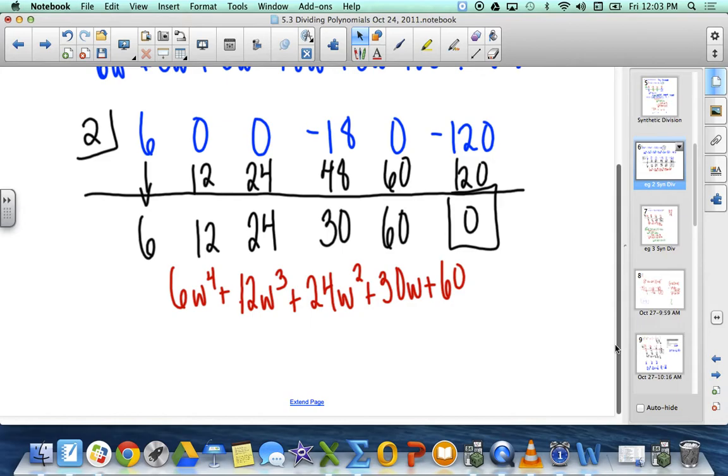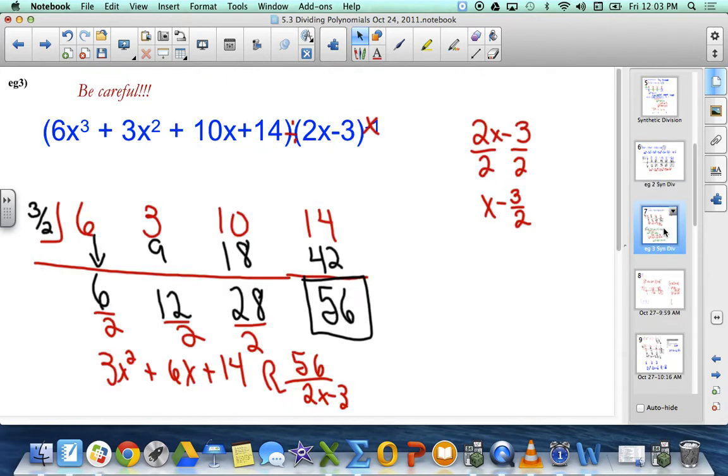Everybody good? All right. So my next example, we need to put stars by this one too.